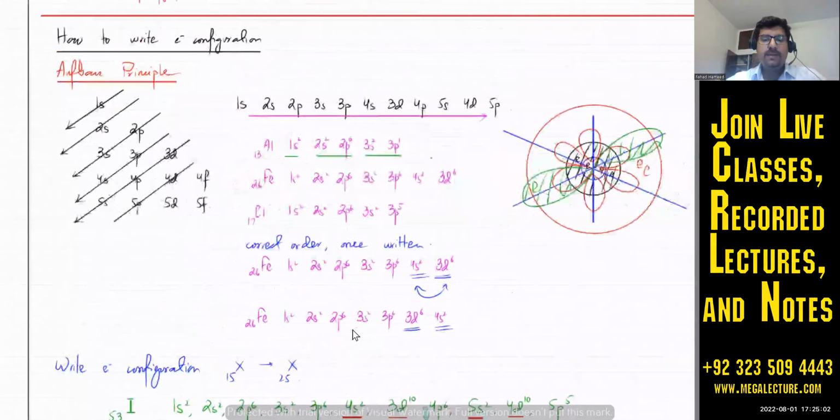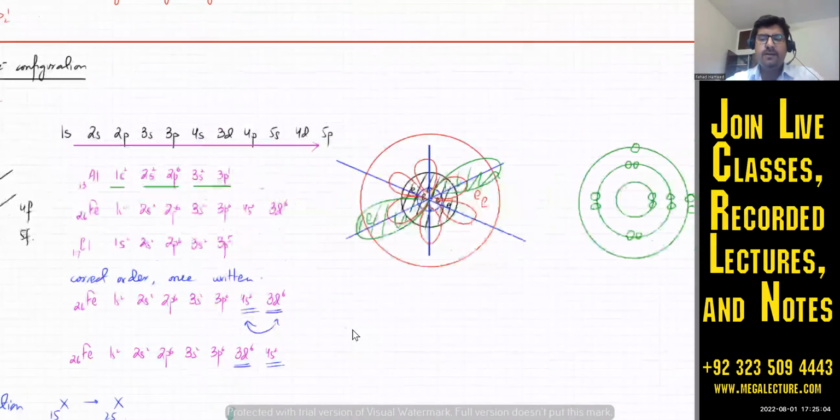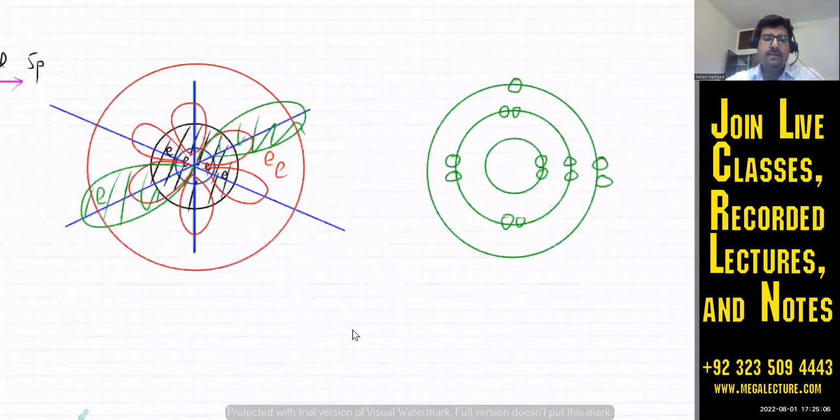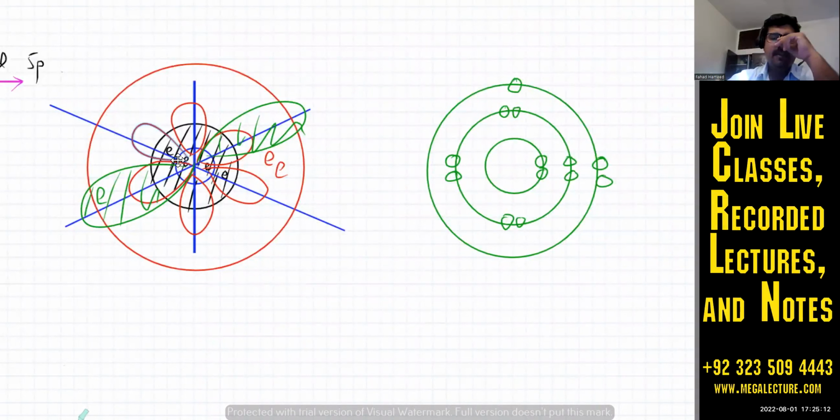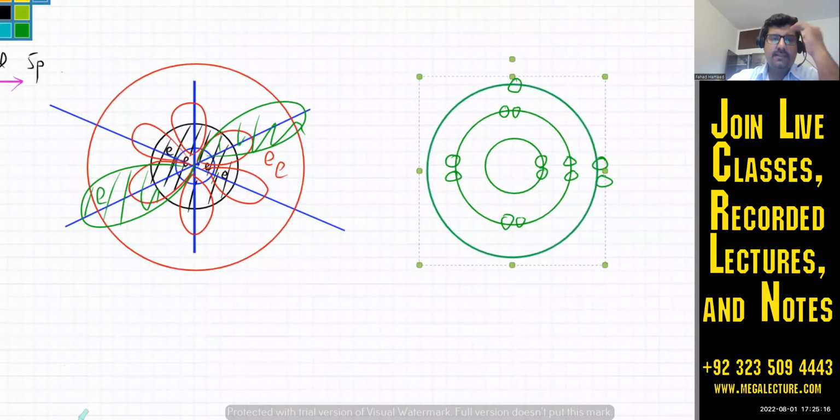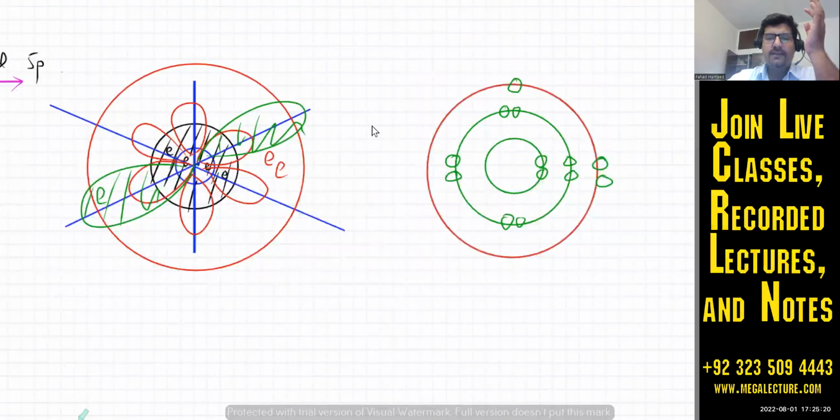One thing, remember this: when we look at an atom, we're not interested in what's going on in here. We're not interested in what's going on in the inner shells. What we are interested in is this outermost shell, the furthest away electrons. These are the ones involved in bonding. The electrons that are really far away are very energetic.